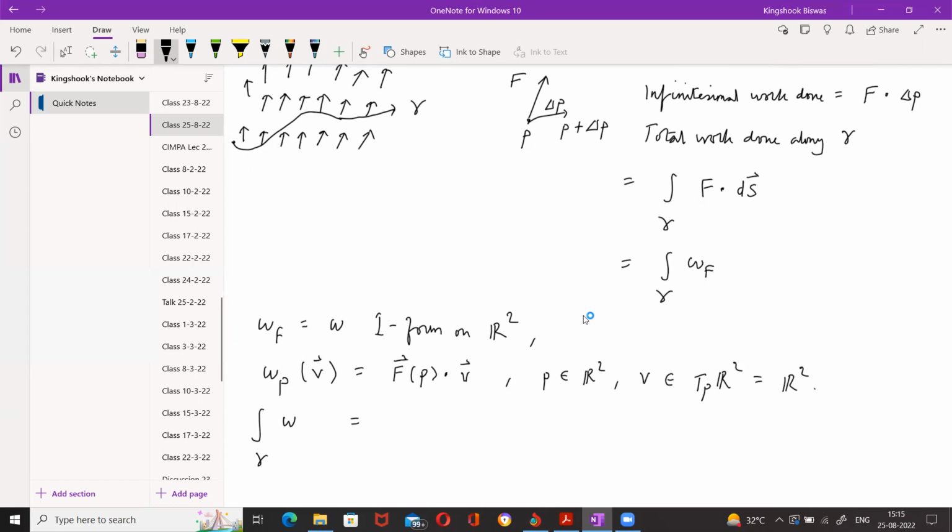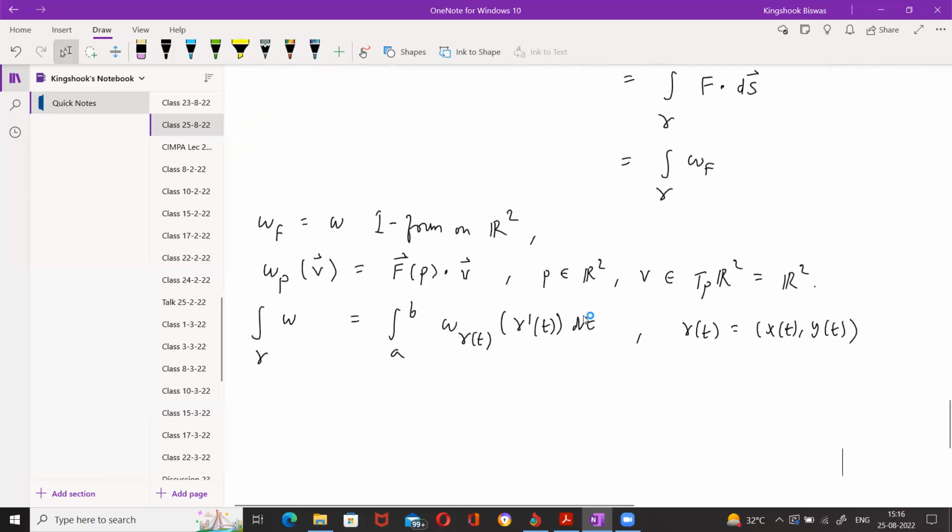This is the integral a to b of omega at gamma t applied to gamma prime t. So now let's say gamma t has coordinates x t, y t. Okay.